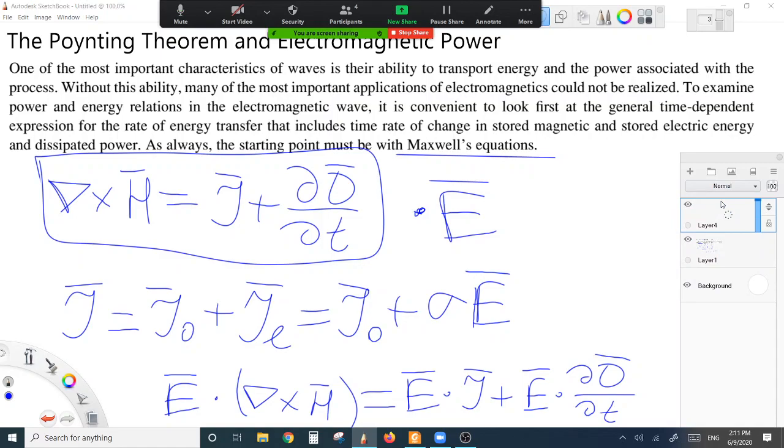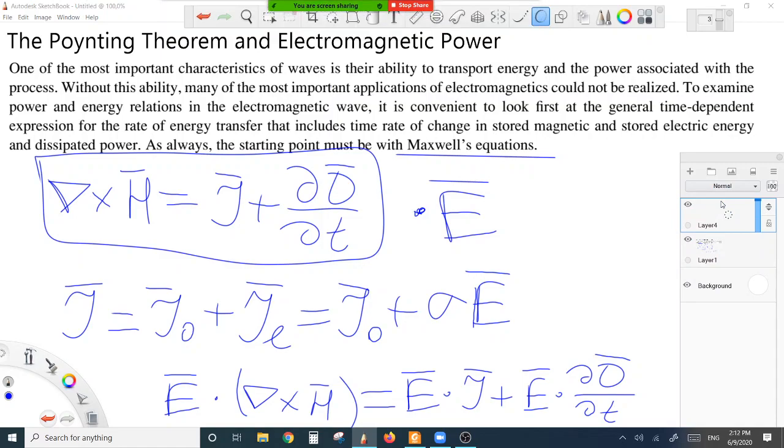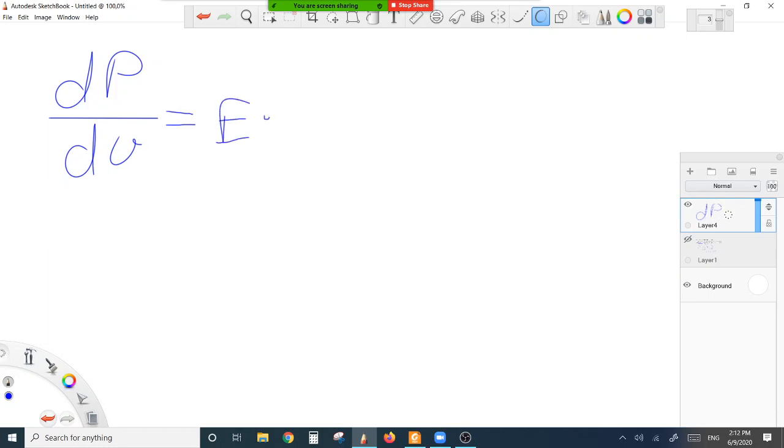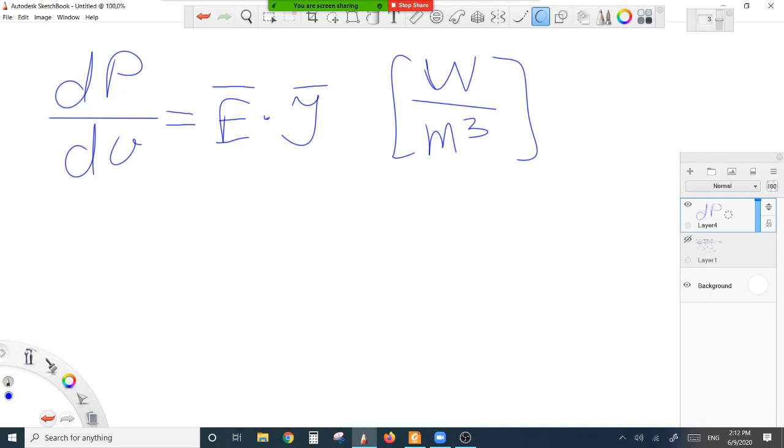From Joule's law, we know that P over V is equal to E dot J, which is in watts per meter cubed, the volumetric power density.